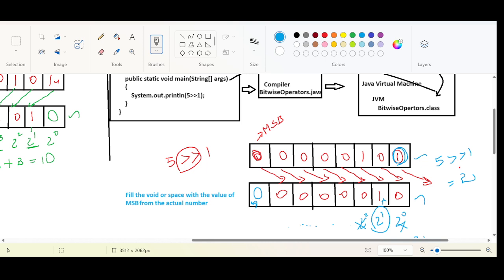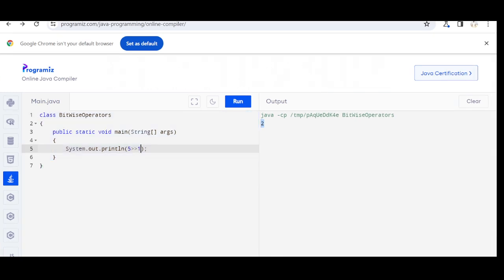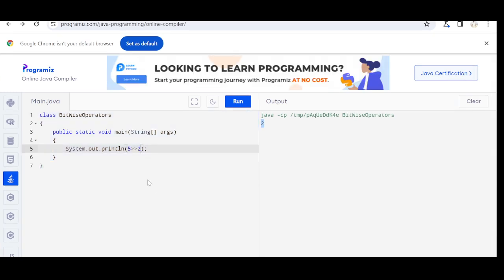This is one of the conclusions, but the second conclusion is very important. So let us do one more thing. If I do right shift 2 times: for 1 time the answer is very straightforward, the answer is 2. If I use the right shift operator with the number 2, the answer is 1.